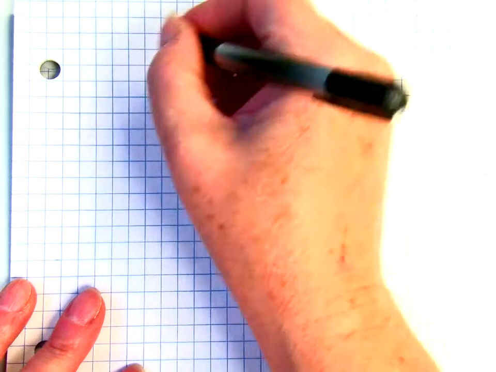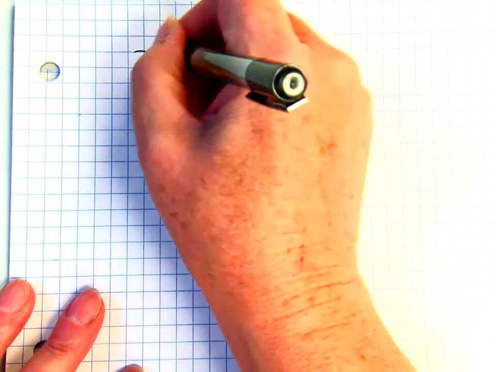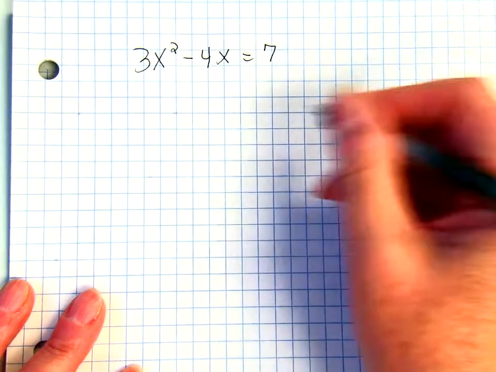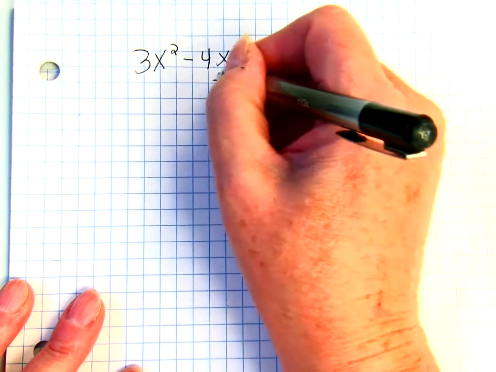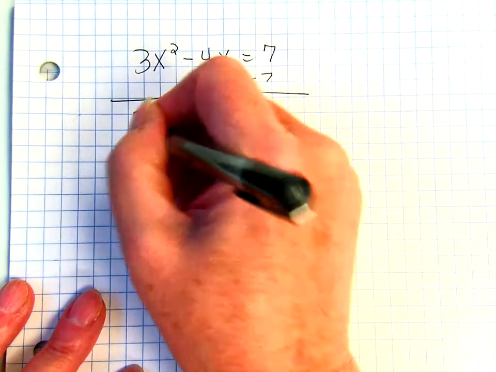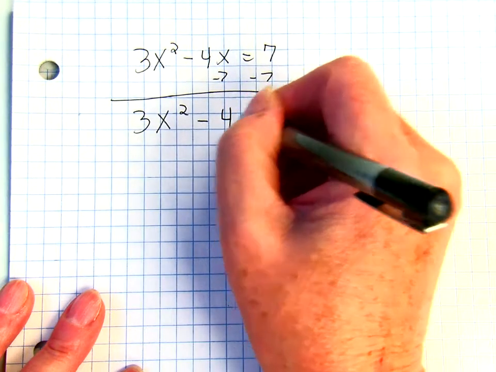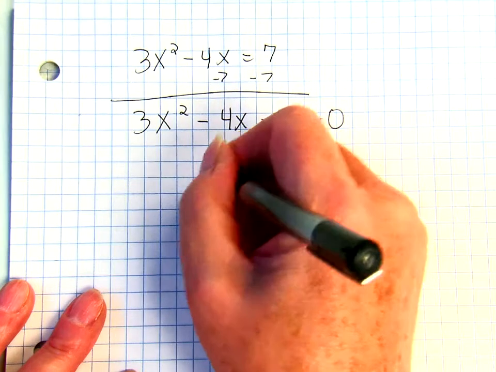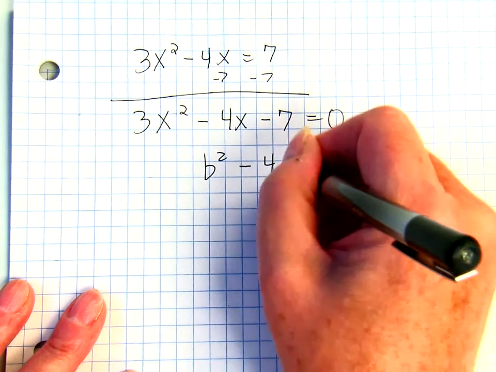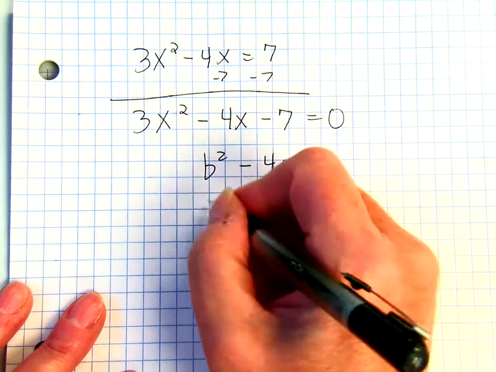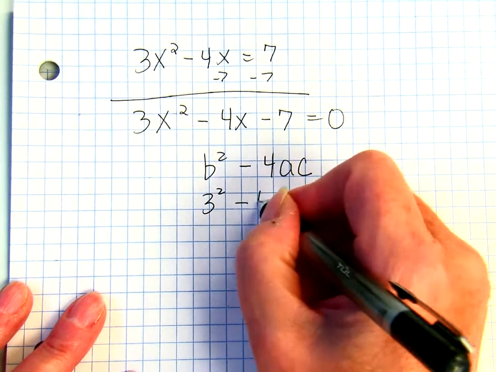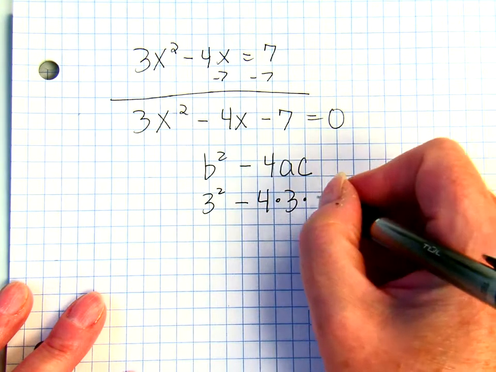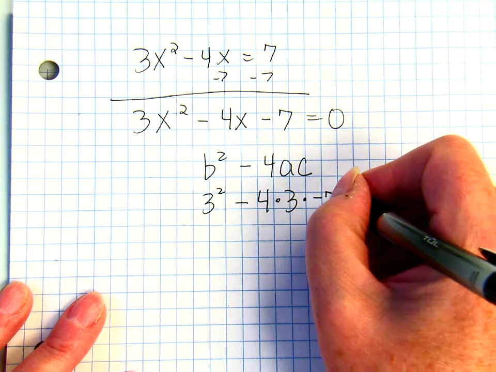Okay, so we've got 3x squared minus 4x equals 7. Let's subtract that 7 from both sides to bring that over. So we have 3x squared minus 4x minus 7 equals 0. So b squared minus 4ac. b squared is going to be 3 squared minus 4 times a, which is 3, times c, which is negative 7.